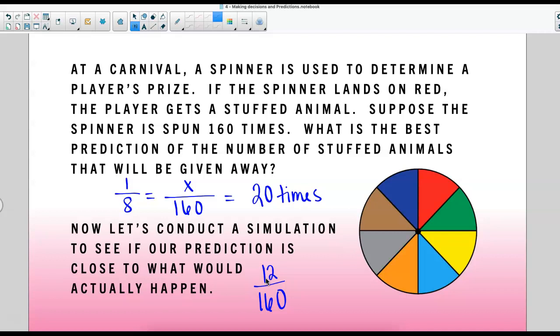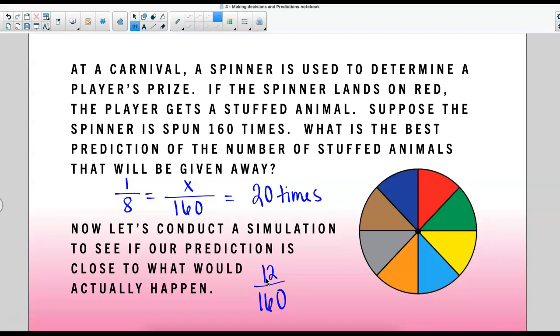Now, if we did this another 160 tries, would we maybe get closer? Yeah. Because the more you run a simulation, the closer you should get to the actual probability of that happening. If you only flip a coin once, that's not really a good test. If you do it 500 times, that's a much better test, okay?